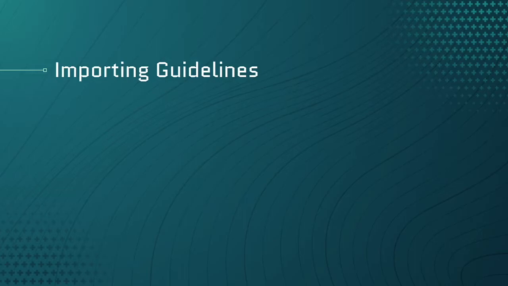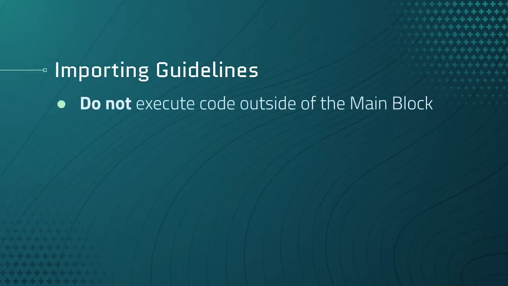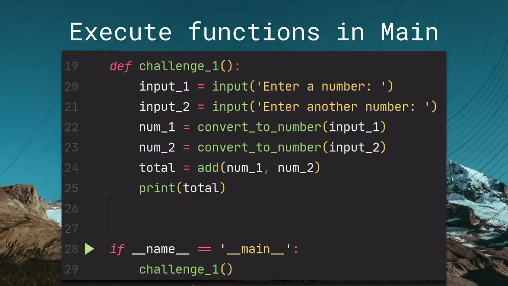Importing and open source development are amazing, but there are no-nos and best practices as you create your packages and modules. First off, don't execute functions in a module outside of the main block. In Chapter 2, when we needed to execute challenge 1, we did so by putting it into this fancy-looking if name equals main block.